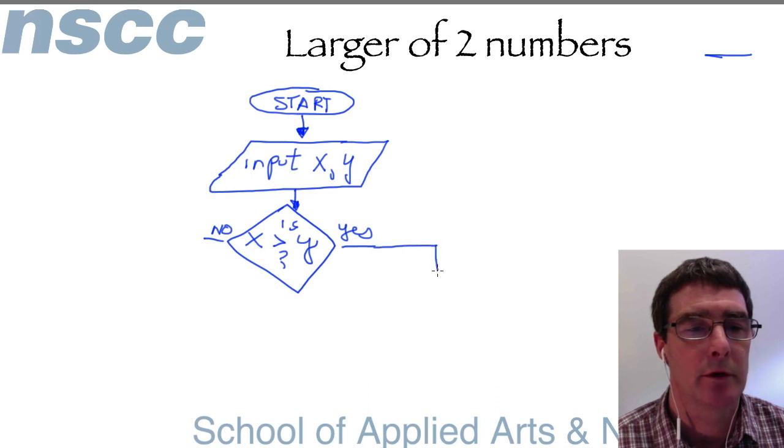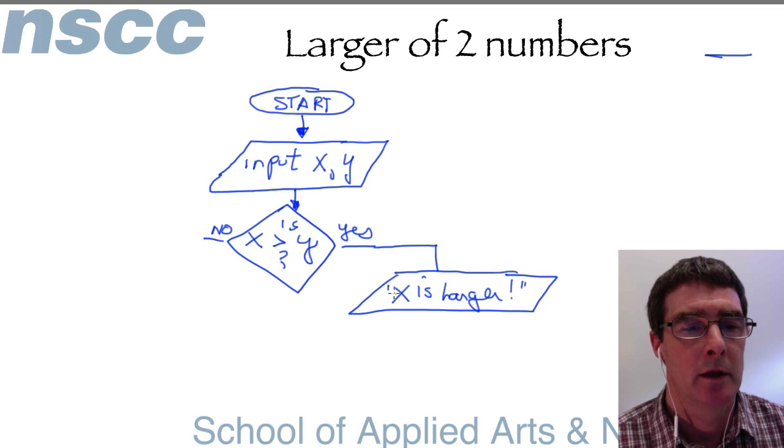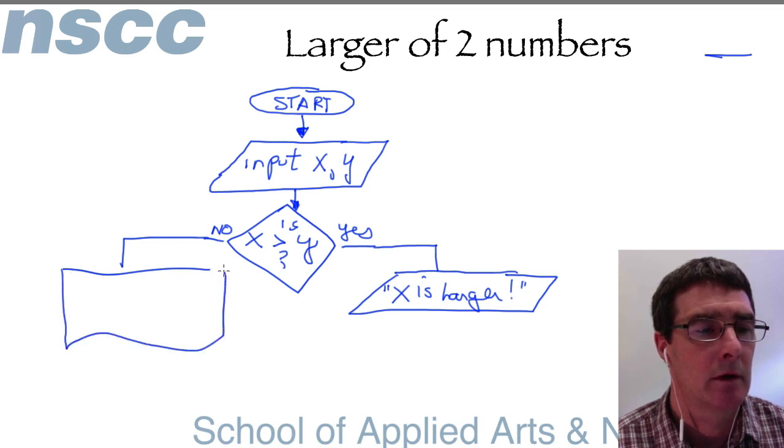Well, if x is greater than y, then we're going to indicate to the user that x is larger. So we're just going to print this on the display. Now, because we're printing something, you could, if you wanted to, use the other type of symbol.